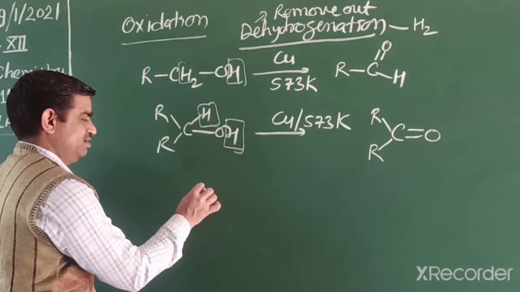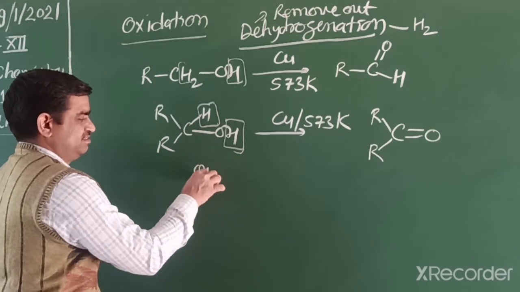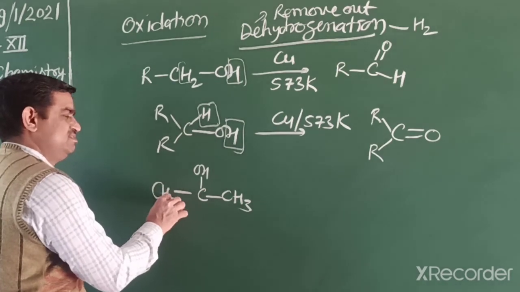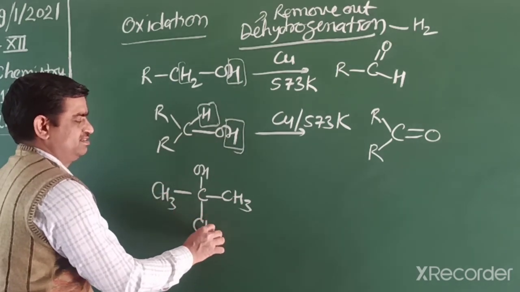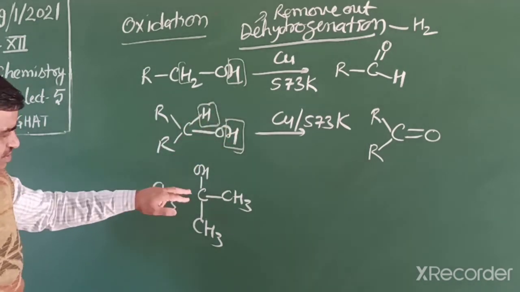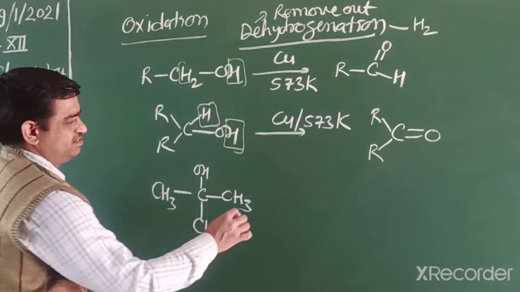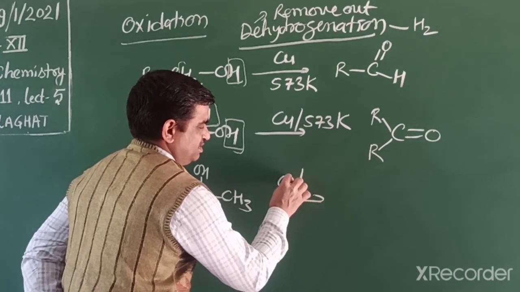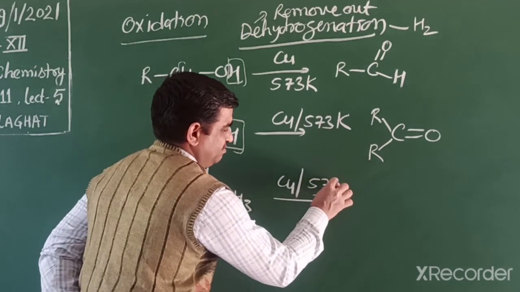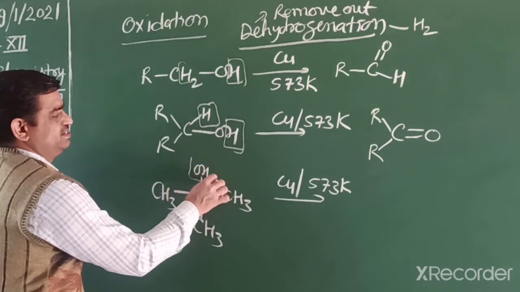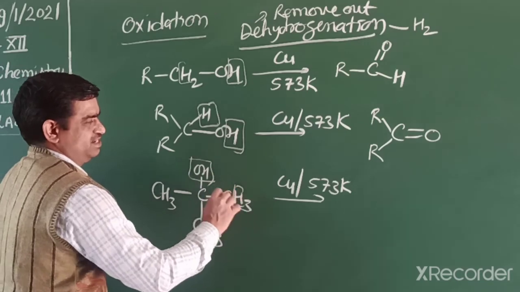If the alcohol is tertiary, then a dehydration reaction occurs. That is removal of water, because in tertiary alcohol this dehydrogenation generally does not happen, but in the presence of copper and 573 Kelvin high temperature, dehydration means removal of water.